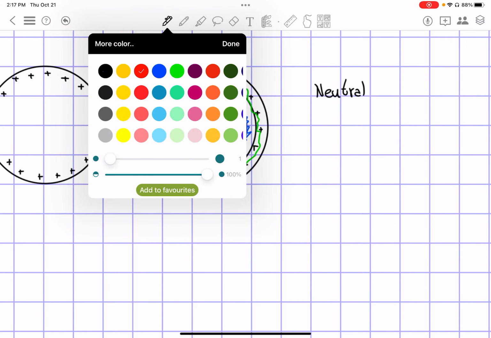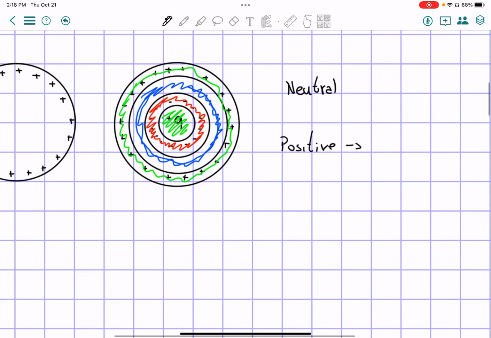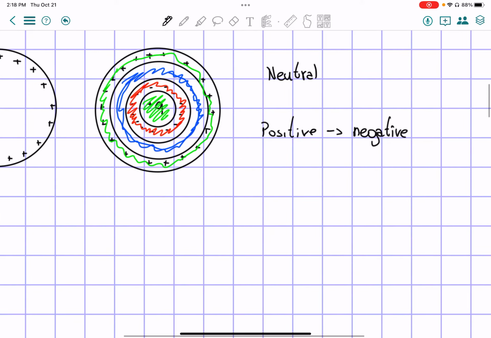So we're going to have a positive at the center. Then right after, a negative right next to positive. And then we have a neutral space. And then again we will have a positive charge.